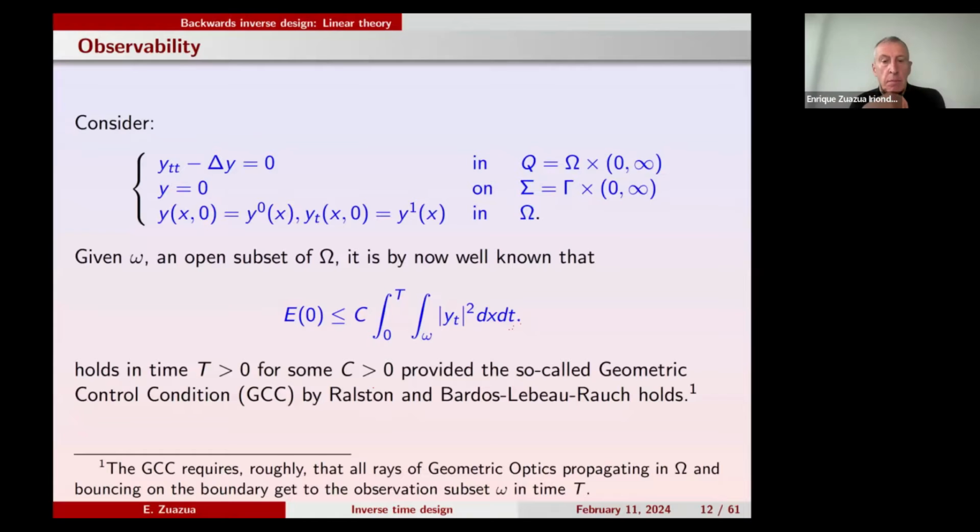Now, of course, for the wave equation, you are experts on this. Many of the attendees to this workshop are experts on this. You can consider more sophisticated problems, like, for instance, controlling wave propagation through sensors and actuators. And in that setting, in this broad context of control theory for wave propagation, the problem of observability emerges, the classical one in which you are trying to determine whether you can recover the full energy of the solution out of partial measurements.